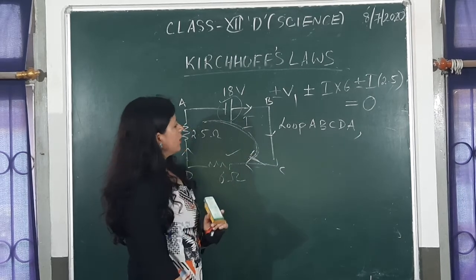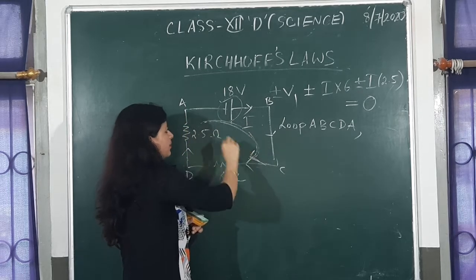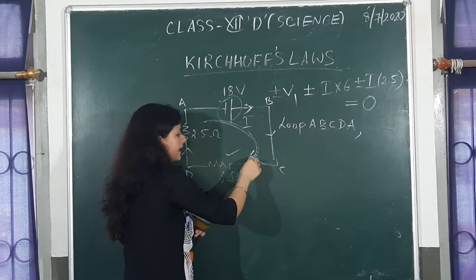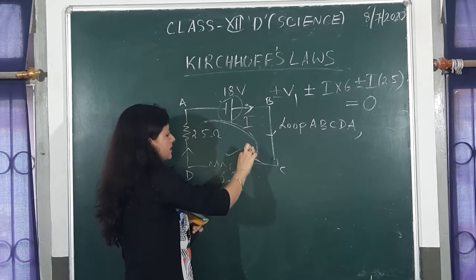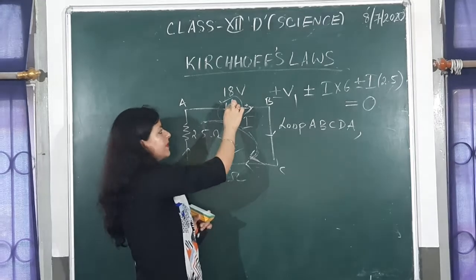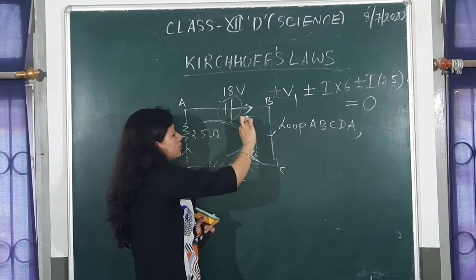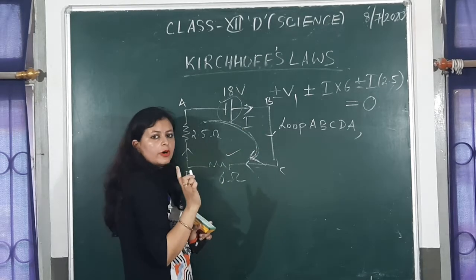Now, the rule to follow while you assign the sign is that while you traverse the loop, please don't look at the direction of current right now. While you traverse the loop, always have a look at the cell here. If the potential of the cell is increasing while you are coming through the loop, then you will put a positive sign.